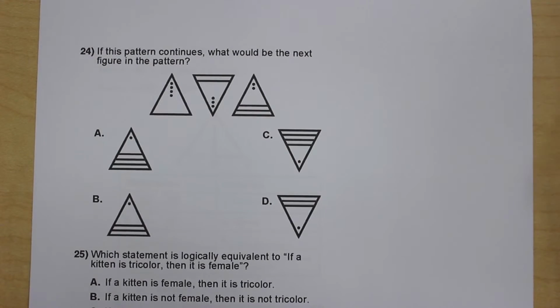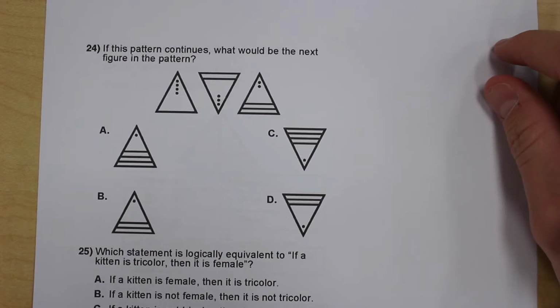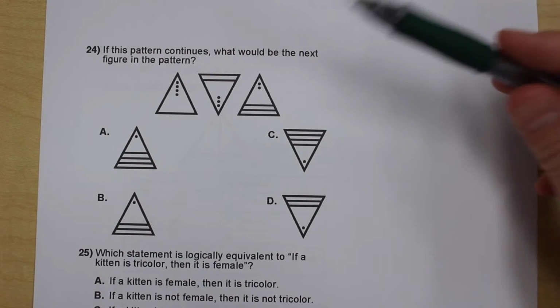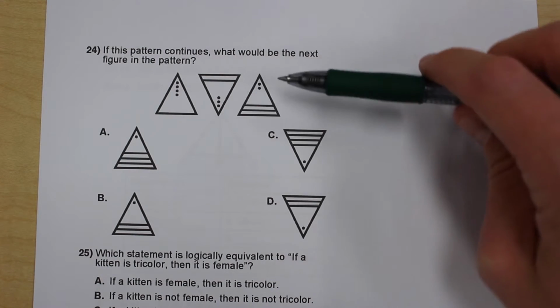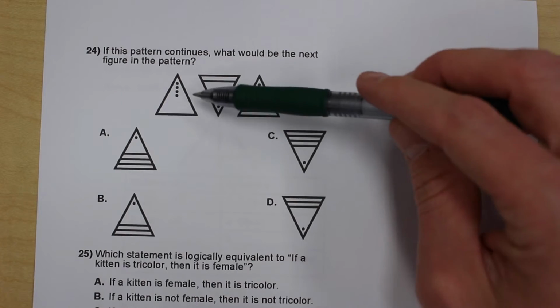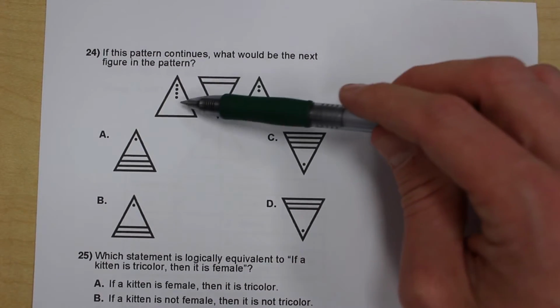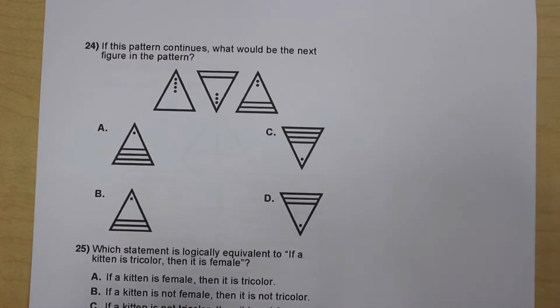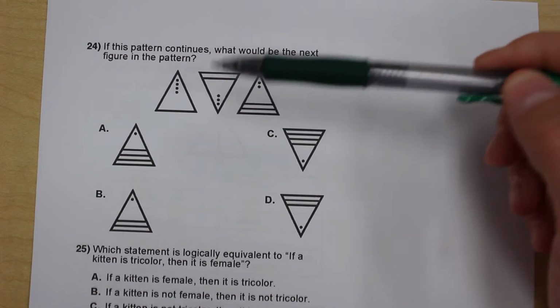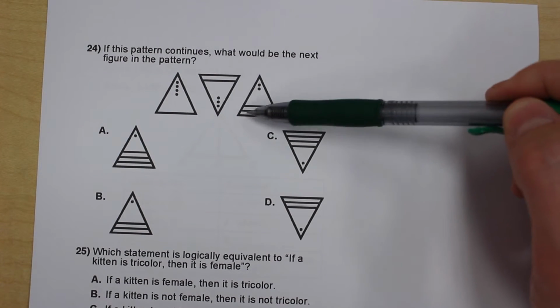All right, if this pattern continues, what would be the next figure in the pattern? I always love these. You always see these in little puzzle game things or the newspaper. All right, so we got a triangle. It looks like every step we're flipping the triangle, right? So it looks like we're also losing a dot and we're gaining a line.